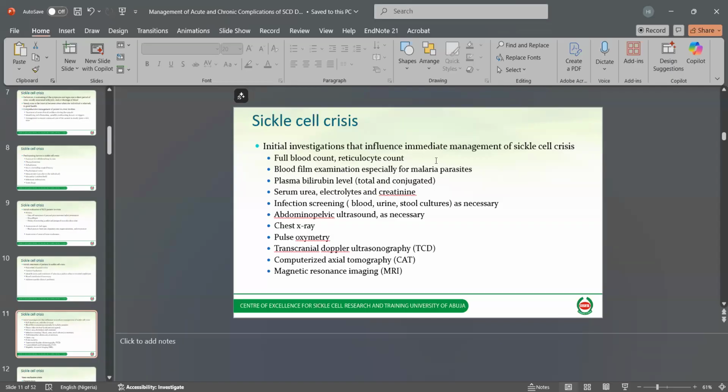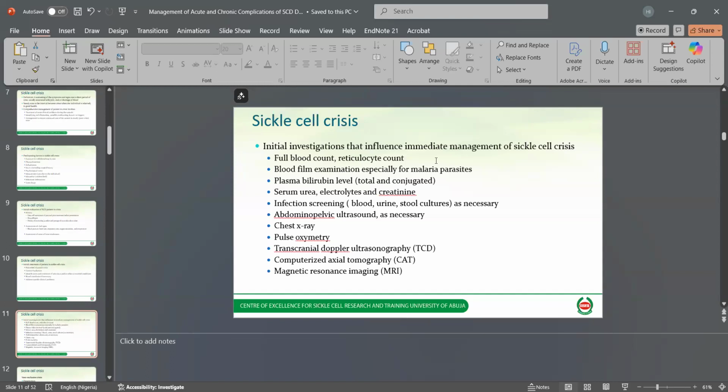So usually, if we are able to take X-ray at presentation, with time we could appreciate new infiltrates when we are repeating the chest X-ray, especially when we are suspecting acute chest syndrome.